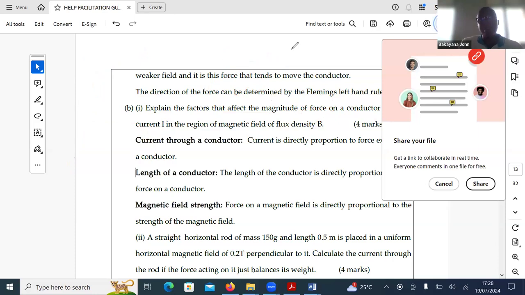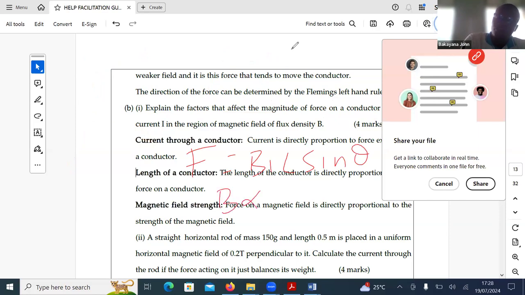So the general formula for force is BIL sine theta, implying that each of the following is proportional to the force. B is proportional to force, I is proportional to force, L is proportional to the force, and also sine theta is proportional to force.